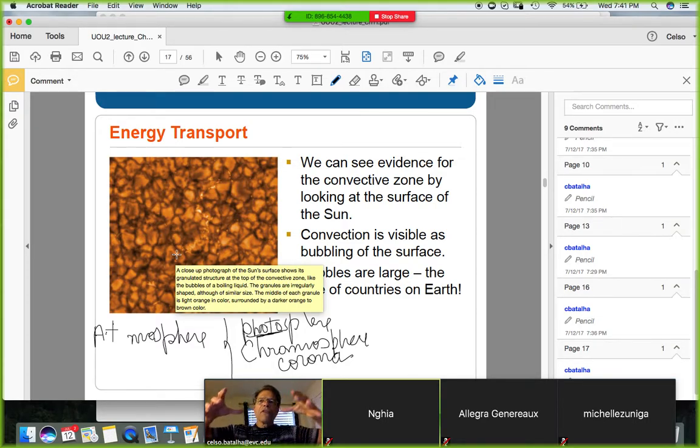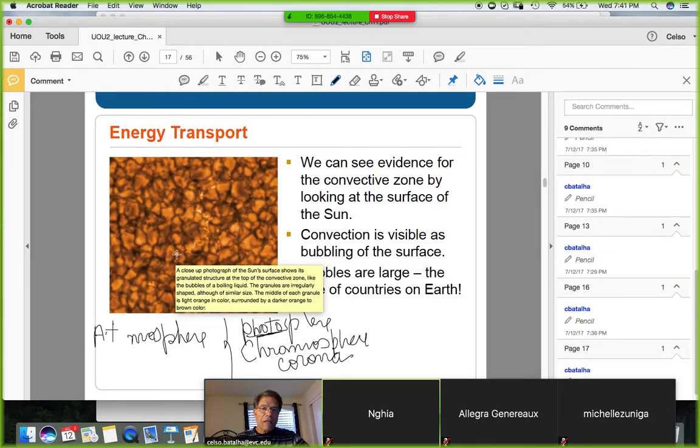So the photosphere, this lower region we call photosphere, is sitting on top of a convective zone that has all these bubblings. Now, if any of you decided to study astronomy and take upper division courses, one of the things you learn is that all these convective cells are big, gigantic bubbles.